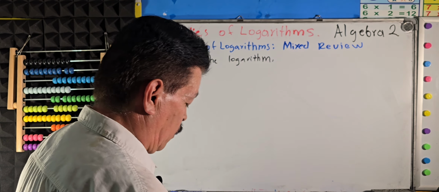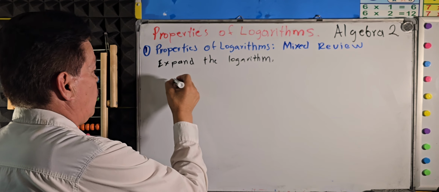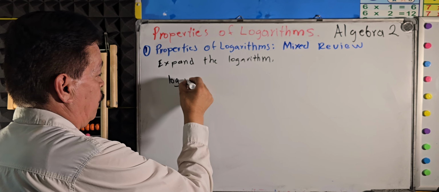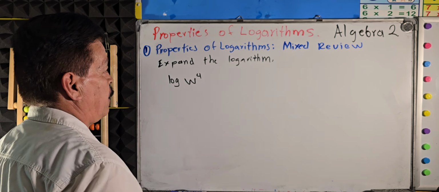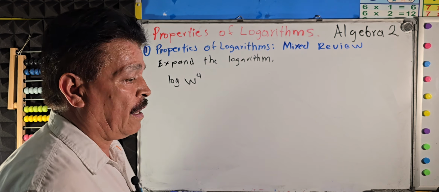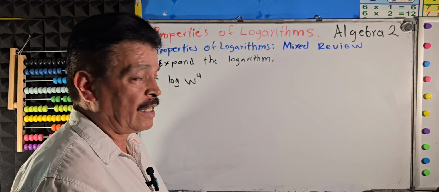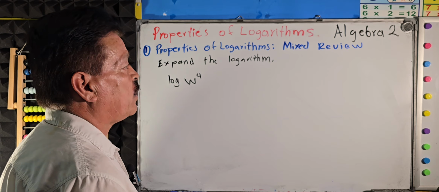All right, let's write this example: log of w to the 4th power. Okay, this is our first problem, but since we need to review some properties, it's very important to write what we are talking about.